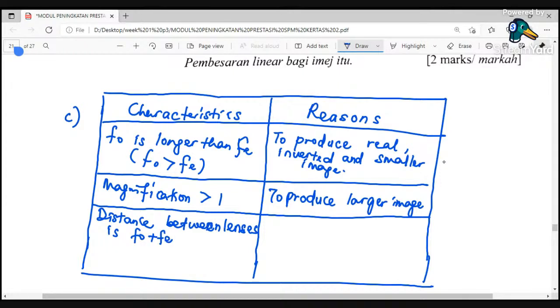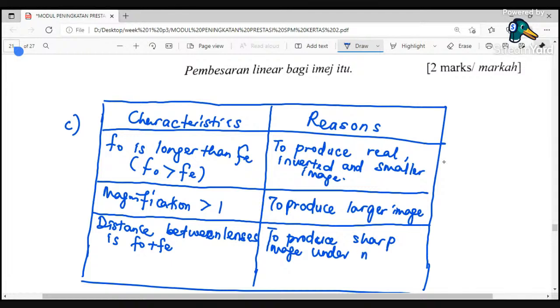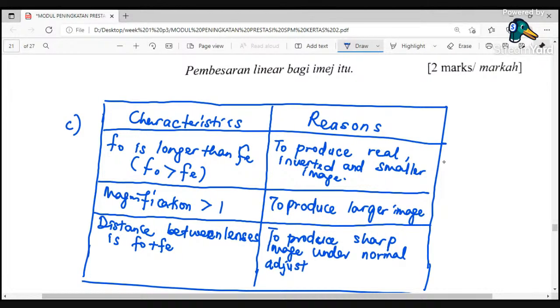Reason: to produce a sharp image under normal adjustment. So you can adjust until you get a sharp image.